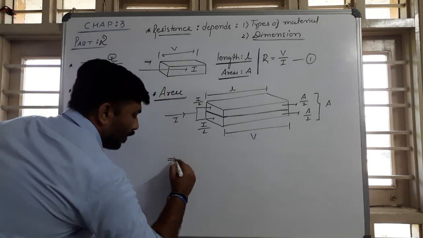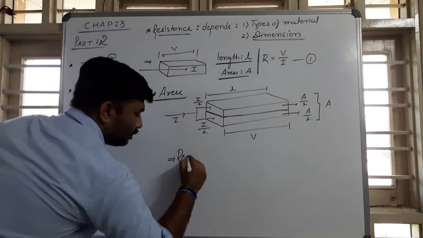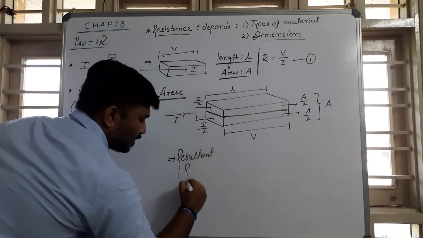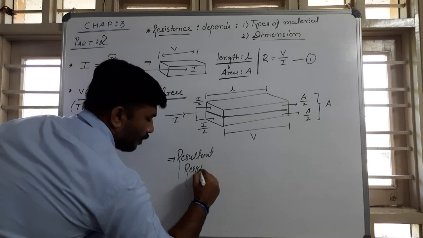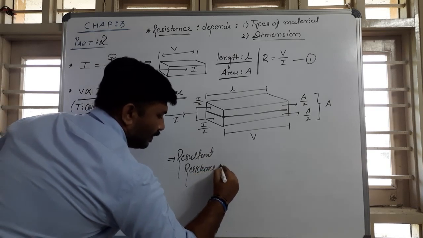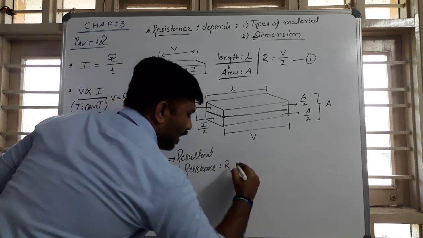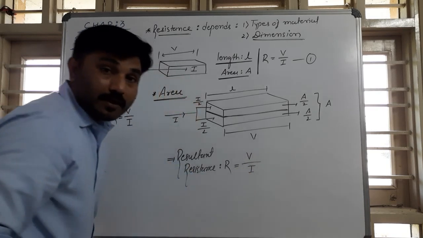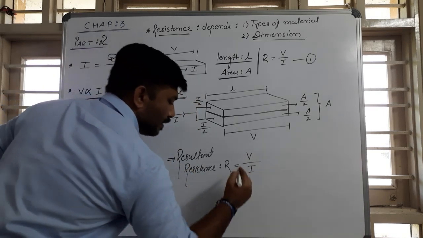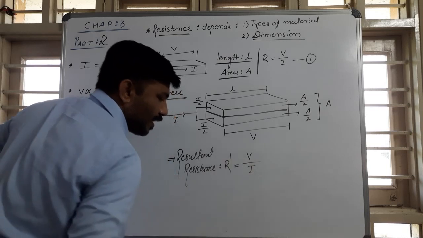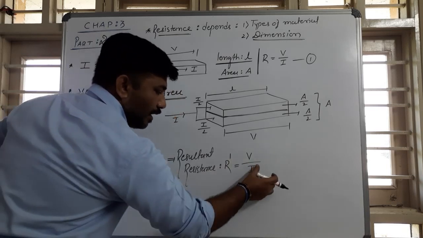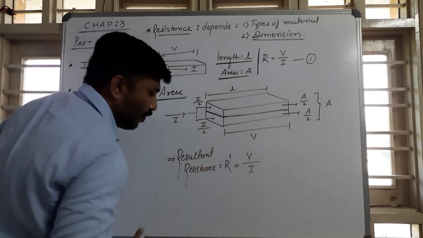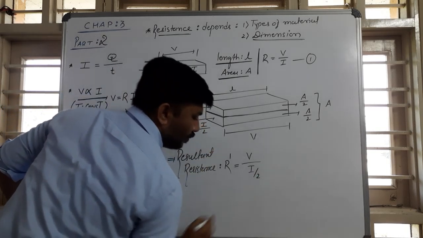If you want to find the resultant resistance, R is equal to V by I. This is our standard equation, but the resultant resistance we take as R dash, and in this situation the electric current becomes half, so I by 2.